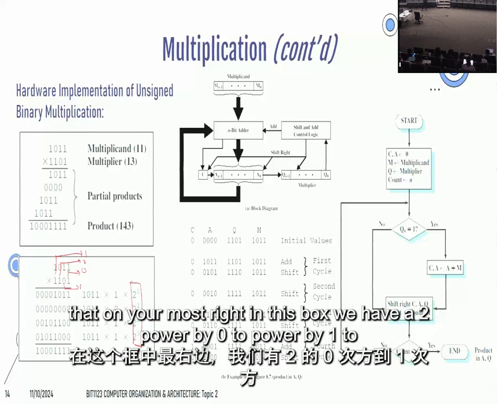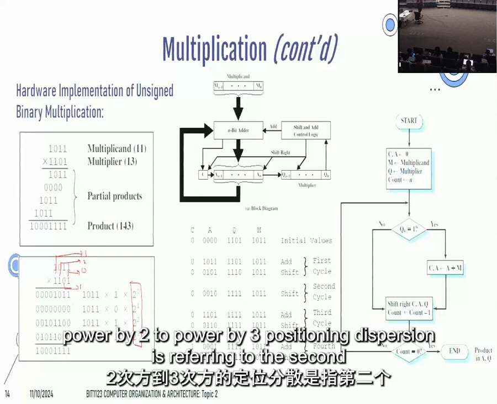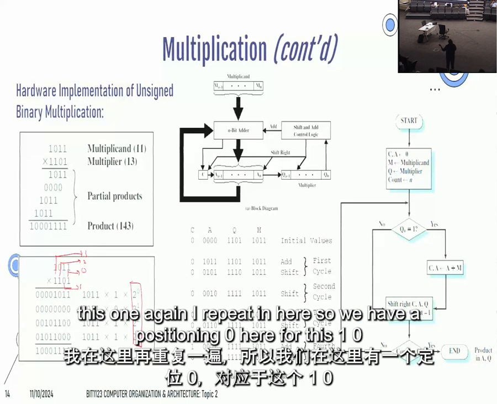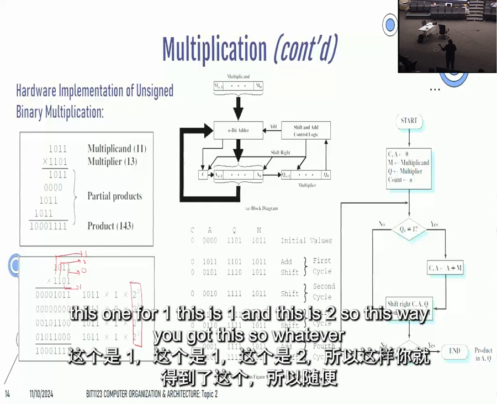So if you look at that, on your most right in this box, we have 2 power 0, 2 power 1, 2 power 2, 2 power 3. This positioning is referring to the second number. If your second number is 3 digits, then 3 positions. And look at this one again, I repeat here. We have positioning 0 for this one, this one for 1, and this is 2. So that's why you got this.